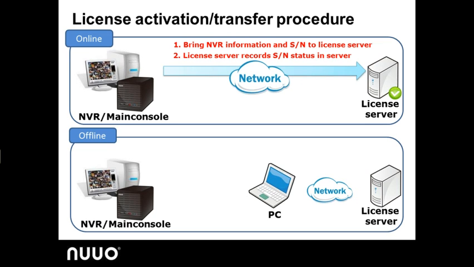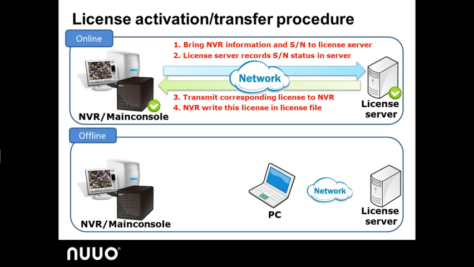In this part, the transfer procedure is complete. For the activation procedure, the license server will transmit the corresponding license to the NVR, and the NVR will receive it, then write the corresponding license into the internal license file.